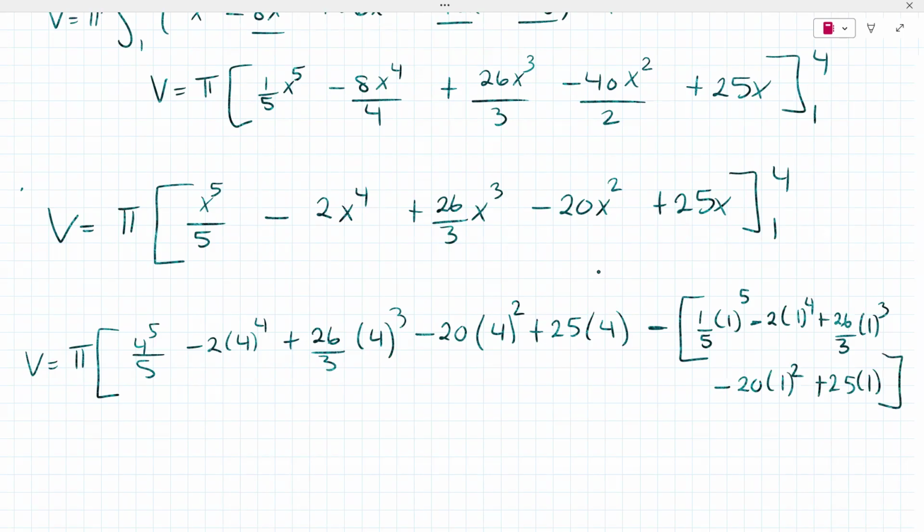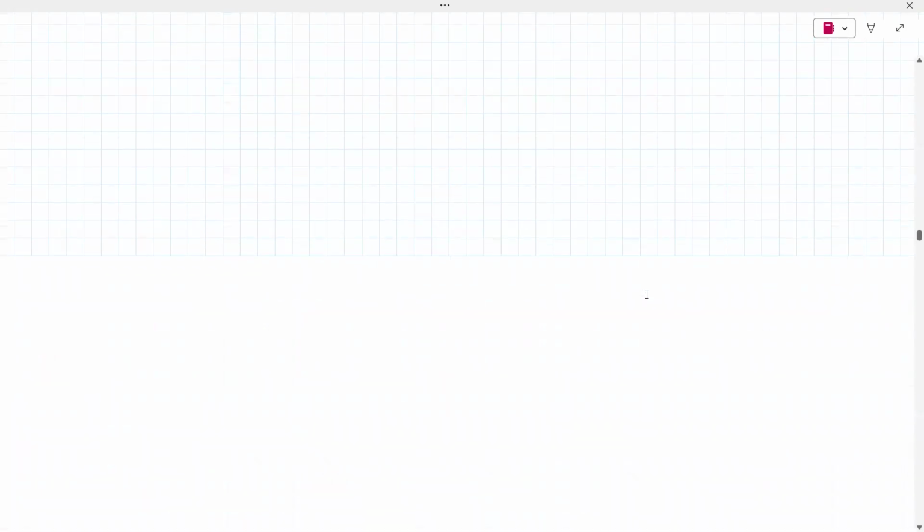When you put it all together, you get volume equals 78 pi over 5. You can do all the work, put that in the calculator, and then distribute the pi, and you should get volume of 78 pi over 5. Okay, so that was example 3. Let's move on to example 4.